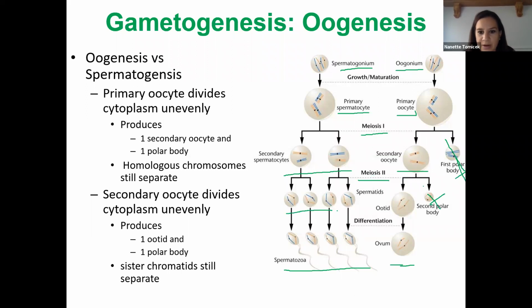And again, we get our nice 4 spermatid products. And again, we're going to keep 1 good ootid, and we're going to toss our second polar body. We only have to make the polar bodies because we got to get rid of those extra chromosomes. It does us no good to keep those around. Okay, so again, the answer to oogenesis is a single egg product.